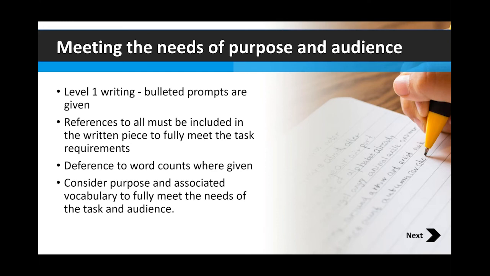One task always has a word count. And in reality, this allows them further prompt to gauge how much to write for the second task. When we're putting together the writing tasks, the learner needs to consider the purpose and the associated vocabulary to meet the needs of the task and audience.